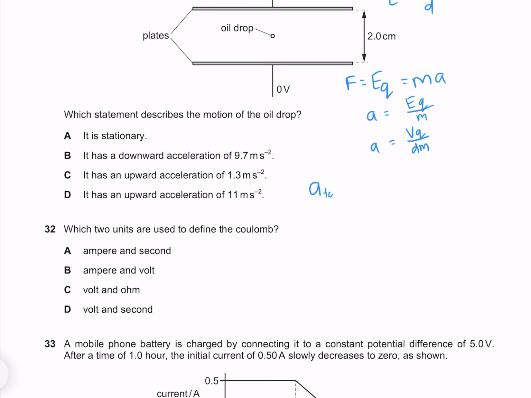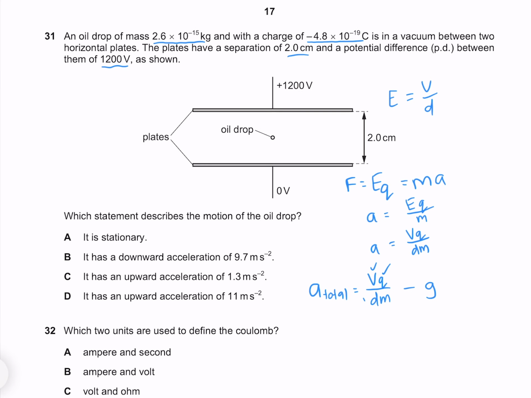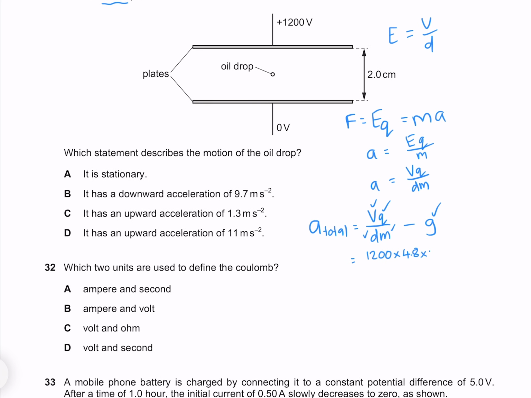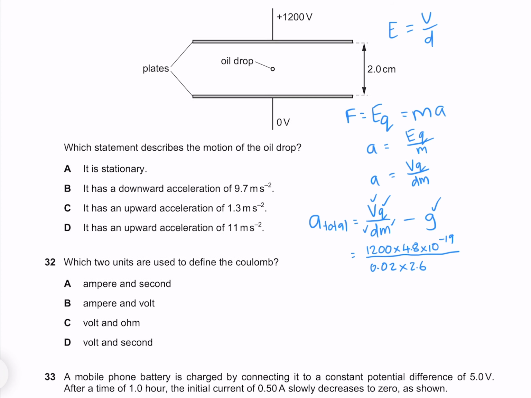The total acceleration of our oil drop is going to be this acceleration minus the acceleration due to gravity. We know the voltage, the charge, the distance, the mass, and the acceleration due to gravity. Putting those numbers in gives me 1.3 meters per second squared to 2 significant figures, so our answer is C.